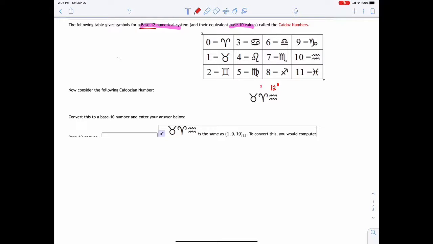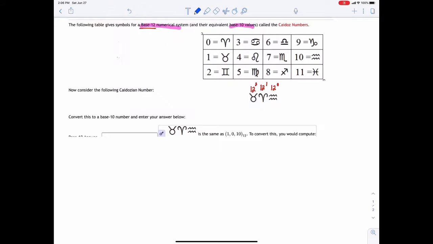The next digit is that same base 12 to the power of 1, and then we keep going and increasing the powers. Whatever base we're in, the base will change, but the exponents never change. Because we're in base 12, our bases are all 12, but the exponents still increase as usual.